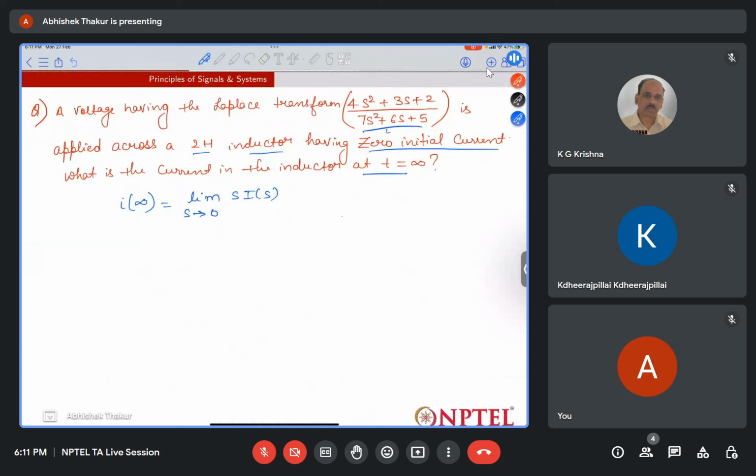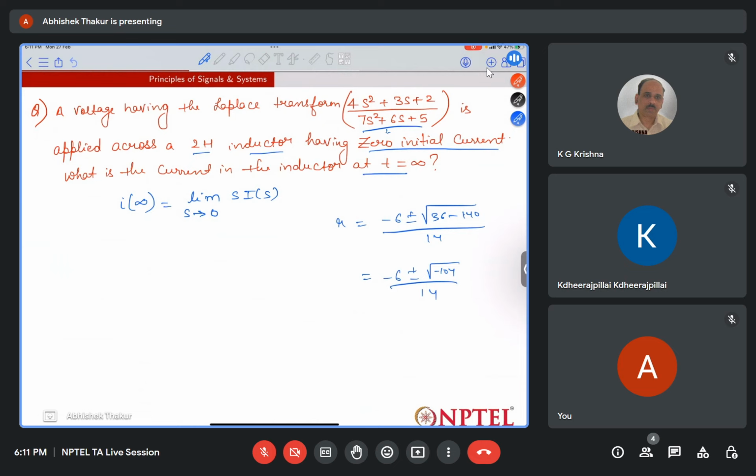The roots will be minus b, that is minus 6, plus or minus the square root of b squared, 36, minus 4 times 5 times 7, 140, divided by 2a, that is 14. So it will be minus 6 plus or minus the square root of minus 104, divided by 14.